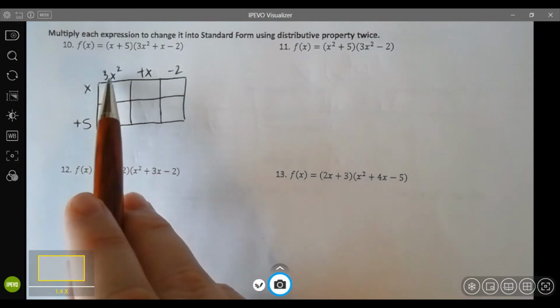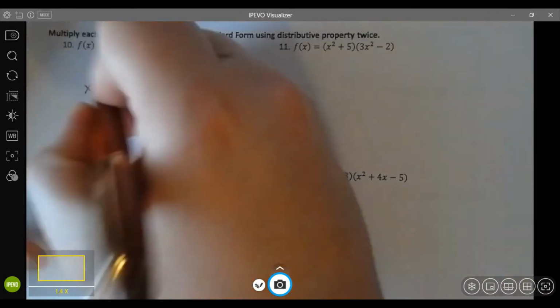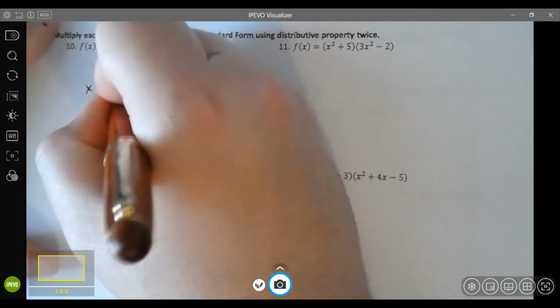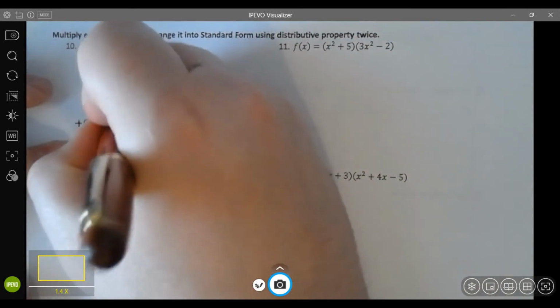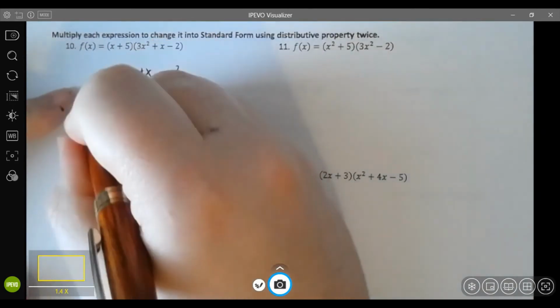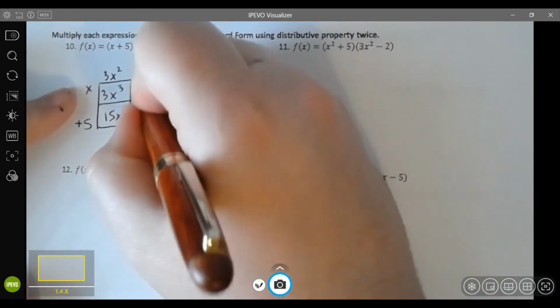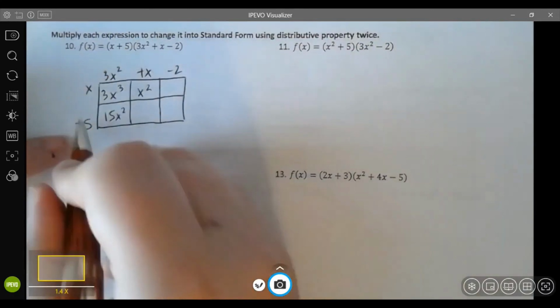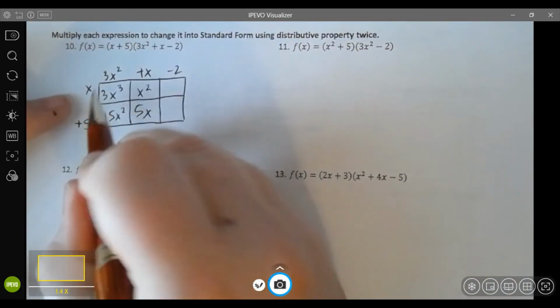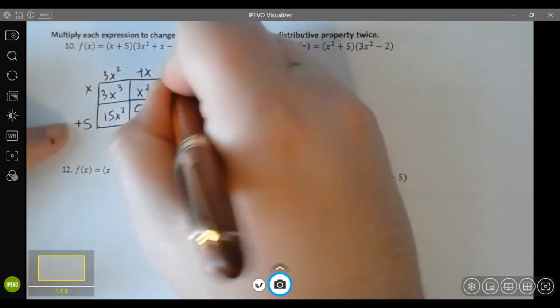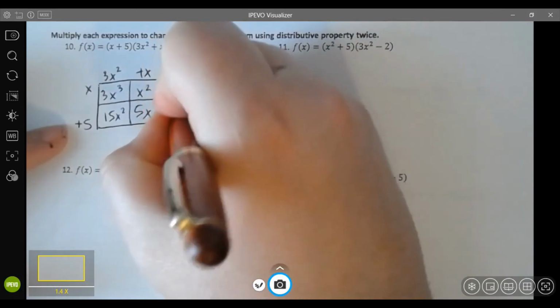So this one is 3x squared times x, which is 3x cubed. 3x squared times 5 is 15x squared. X times x is x squared. X times 5 is 5x. Negative 2 times x is negative 2x. And negative 2 times 5 is negative 10.